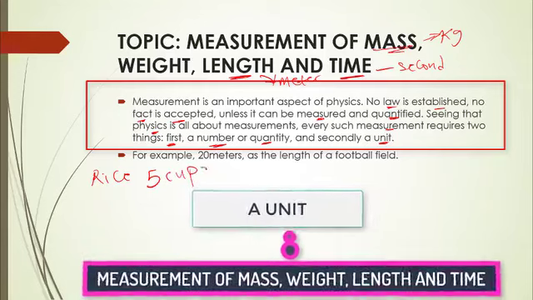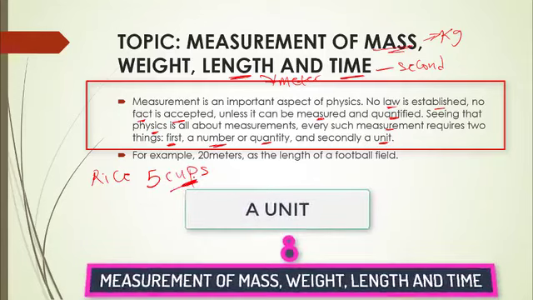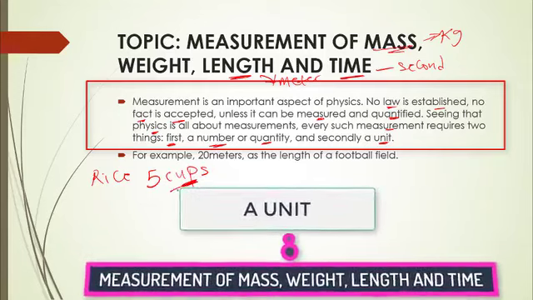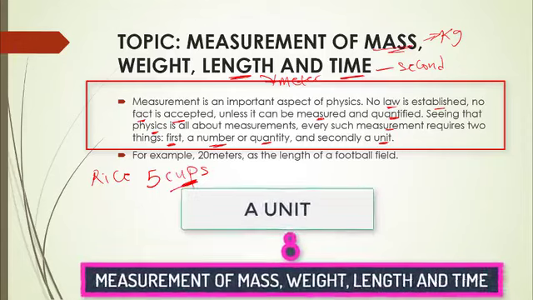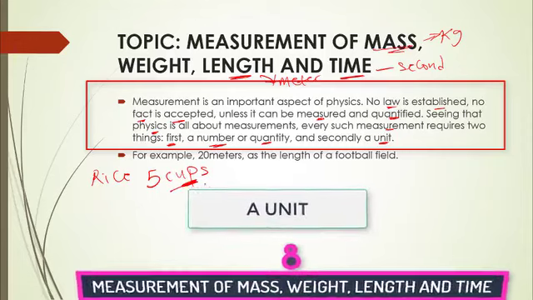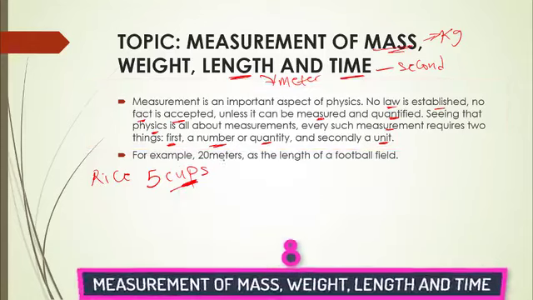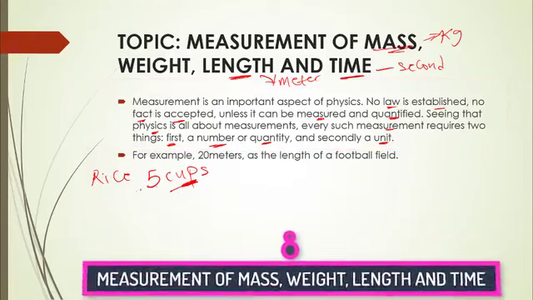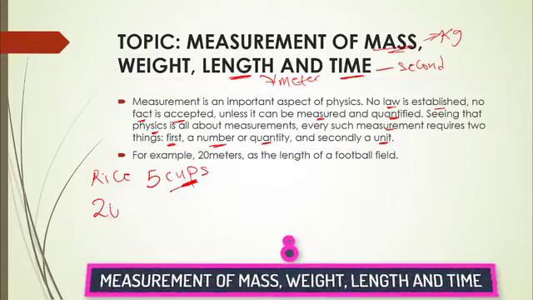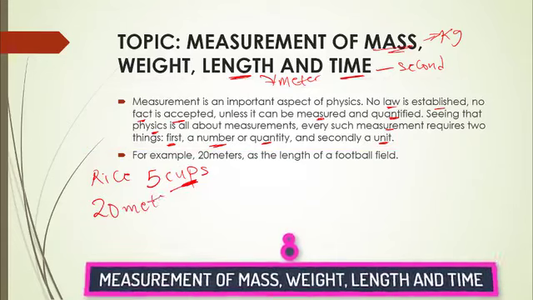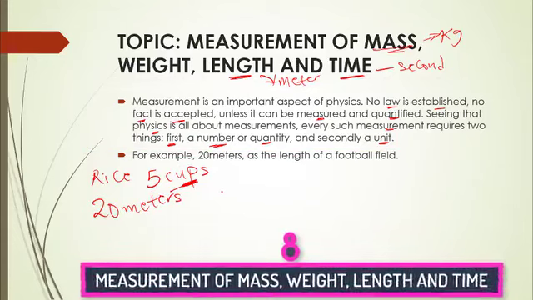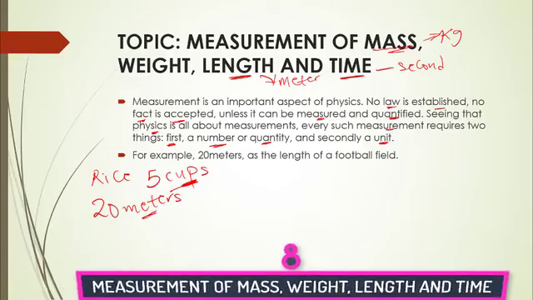Or 5 cups of rice? When you choose cup, you'll see that cups refer to the units which will be used to buy. Another example: let's say you're trying to measure the length of a football field. You can say 20 what? 20 meters. 20 meters is the length of a football field.